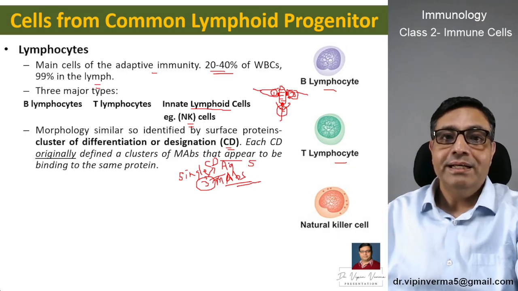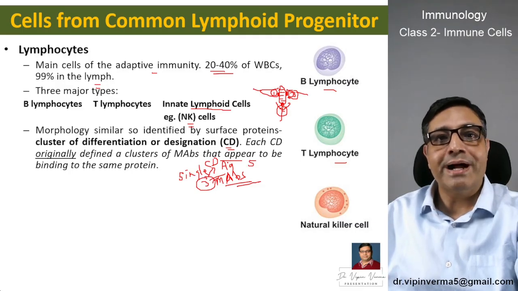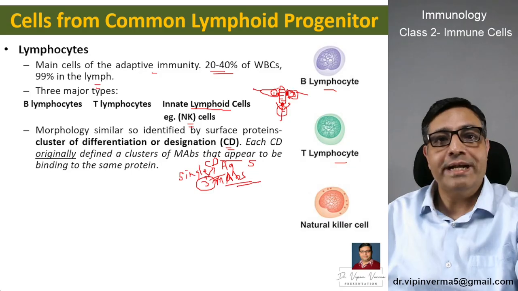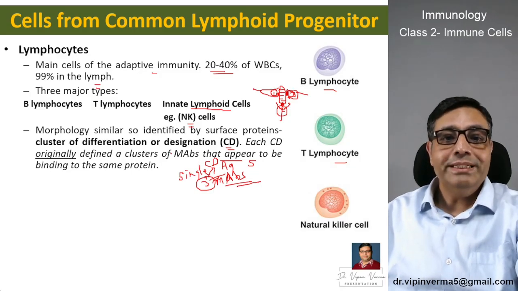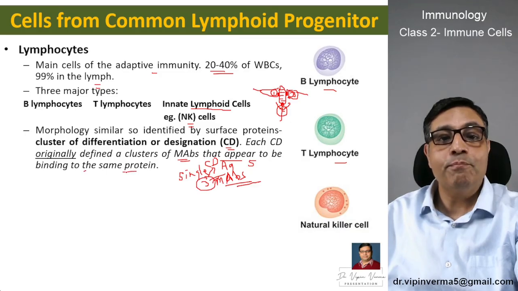That means the cluster of antibodies which belong to that particular CD will all bind to either the CD4 molecule or the CD8 molecule, and no other monoclonal antibody should bind. So this CD designation is important, and it is defined as a cluster of monoclonal antibodies that appear to be binding to the same protein.